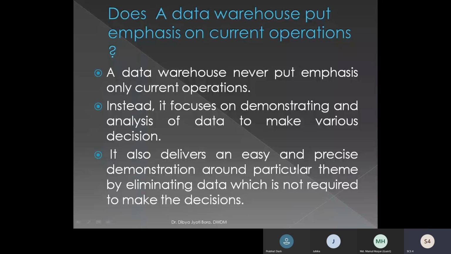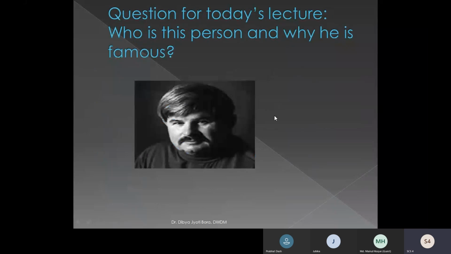It also delivers easy and precise demonstrations around a particular theme by eliminating data which is not required to make the decisions. So the first thing is that we try to organize the data subject-wise. We don't want data which is not relevant to our decision making process, so we try to eliminate it.